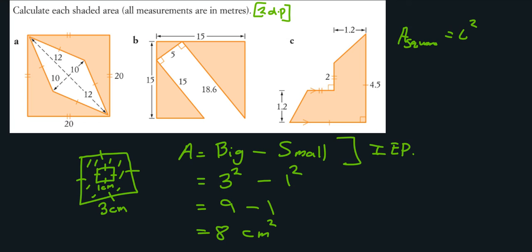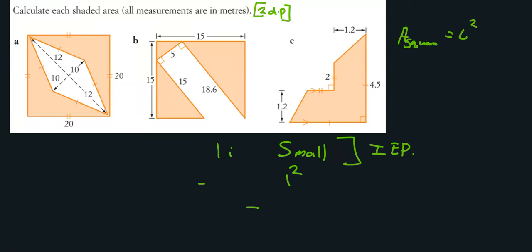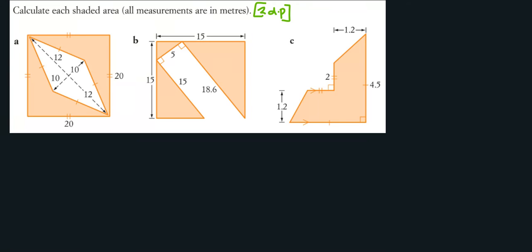Okay, so let's have a look at the solutions. So let's use my favorite color, orange. Okay, so we're going to have the area is equal to the big minus the small for all of them.